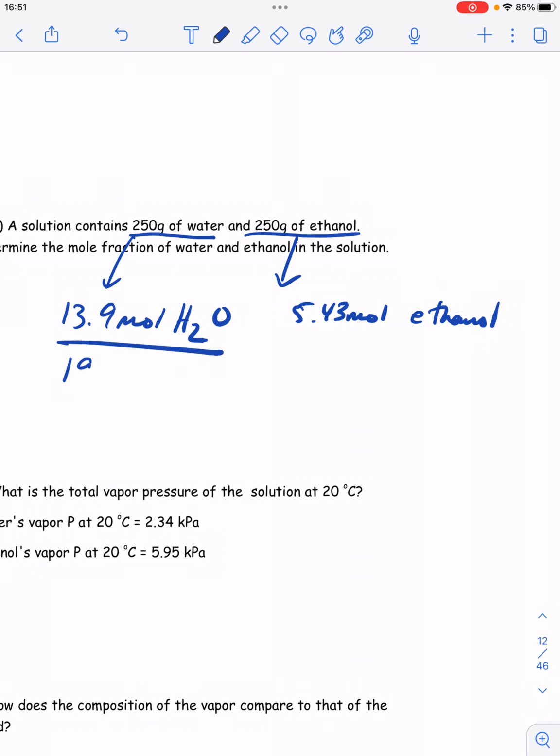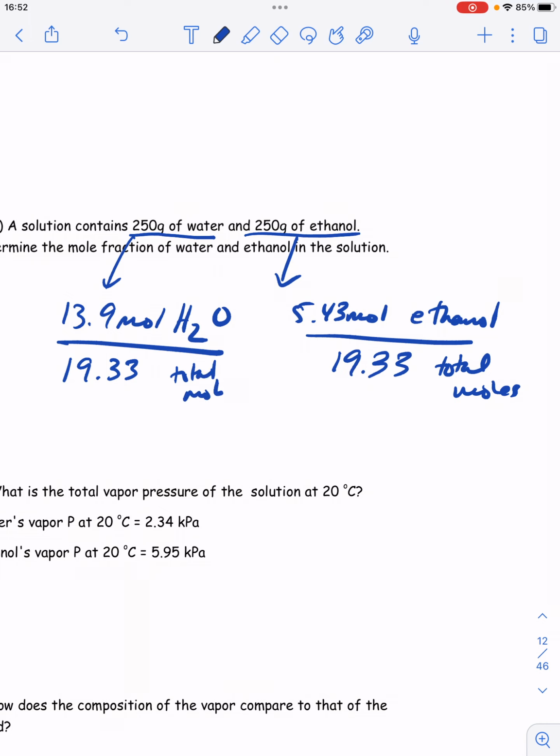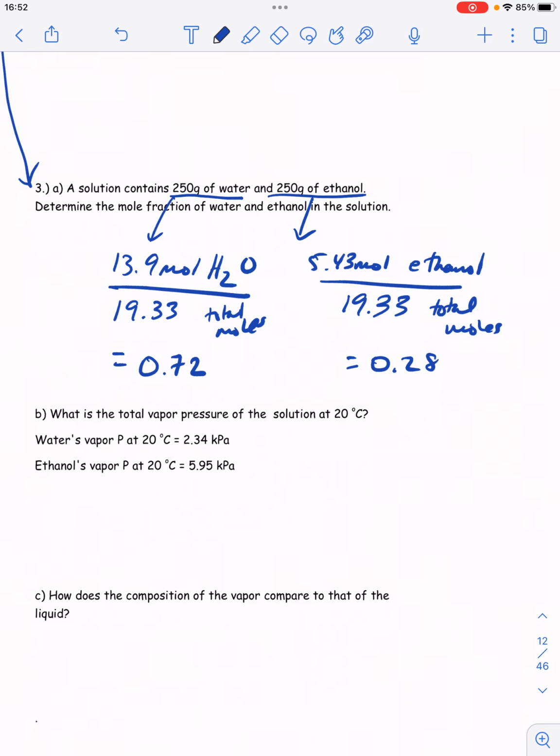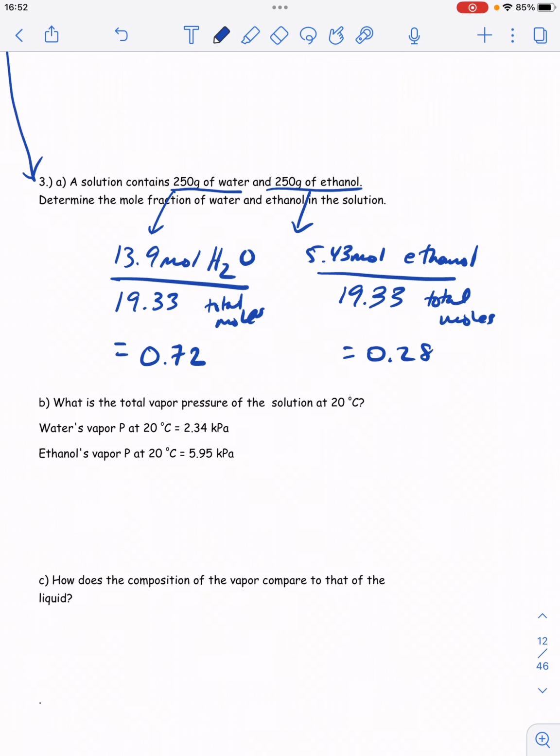So if I want to get their mole fraction, I would have to divide each by that 19.33, which is the total amount of moles. When I do that, I get a value of 0.72 for water, and I get a value of 0.28 for ethanol. So this mixture, although it was 50-50 by mass, when we look at the actual number of particles, there's about 72% water molecules for only 28% ethanol molecules.